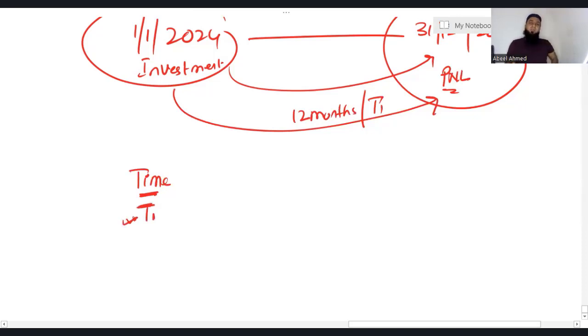Actually, T1 is representing that you had waited for 12 months for the income statement, because without the income statement you cannot claim the capital allowance. So this T1 is representing that from the date of investment till the preparation of income statement, you waited how many months? 12 months.